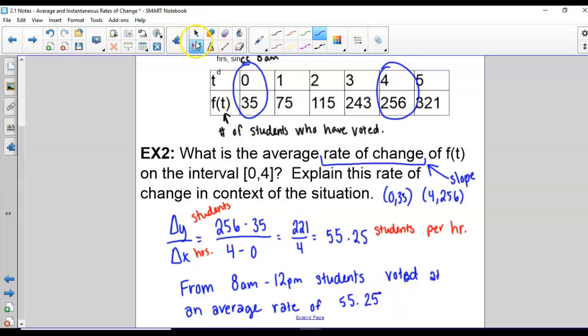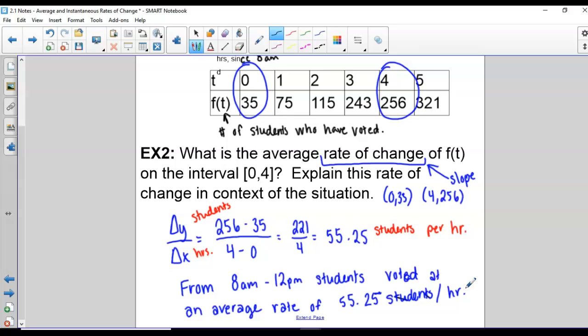This program does not like new setup. So 55.25 students per hour. And it's important there to use that word average rate, because this is not an instantaneous rate.